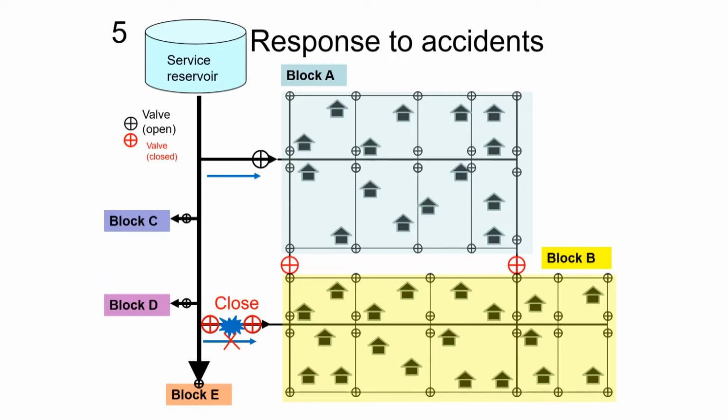However, by doing so, we also stopped water supply for the entire block B. Then, to provide backup supply from block A to block B, we open normally closed isolation valves. Supplying water from block A helps minimize the affected area from the accident. As you can see, thanks to distribution blocks, we can effectively deal with leak accident with appropriate valve operations.